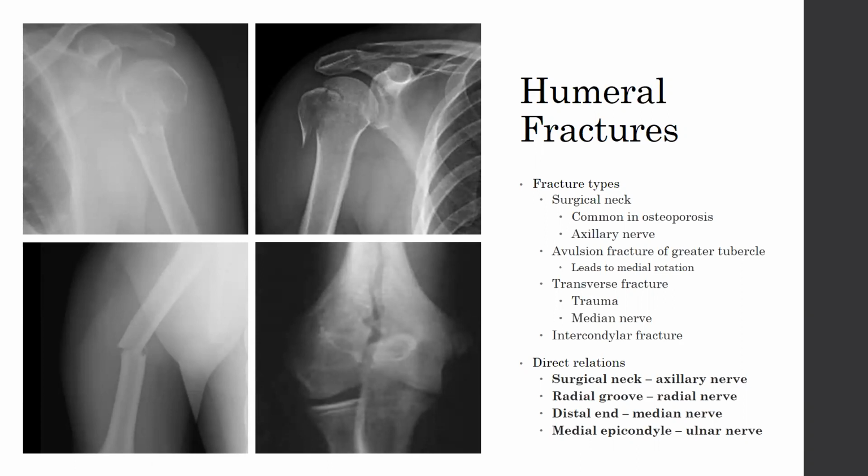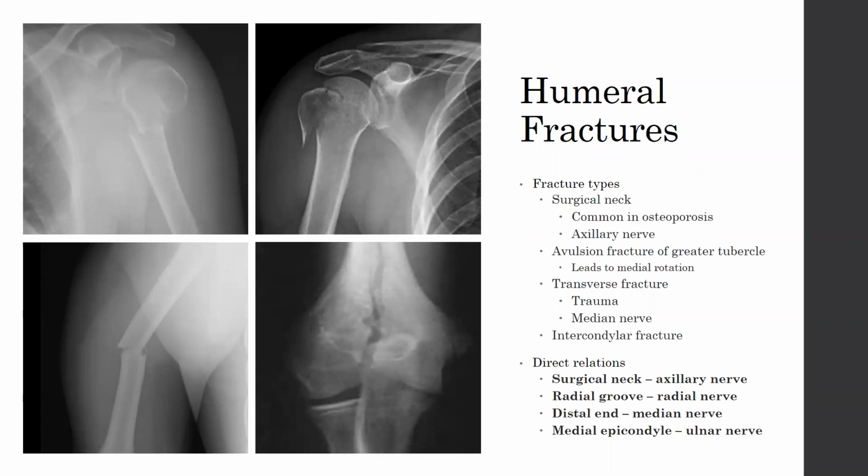A transverse fracture or a mid-shaft fracture. It's going to affect the radial nerve, and an intercondylar fracture. These 4 direct relations down in the bottom right I've written up are really, really important, and you definitely need to know these, and they'll help you in a whole host of exam questions.